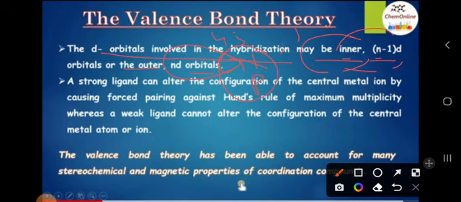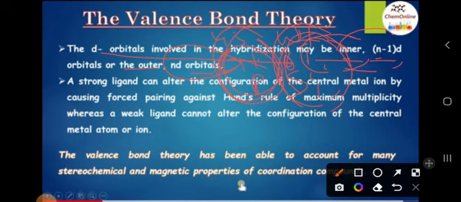Weak field ligands are oxygen, 6th group elements and 7th group elements: oxygen, sulfur, fluorine, chlorine, bromine. Remember, C, N, P are strong field and oxygen, sulfur, fluorine, chlorine, bromine are weak field ligands.